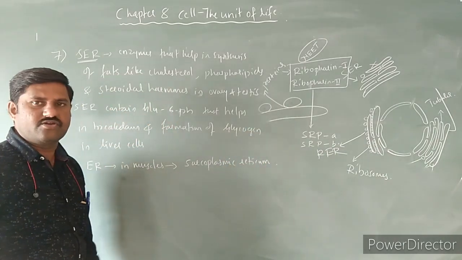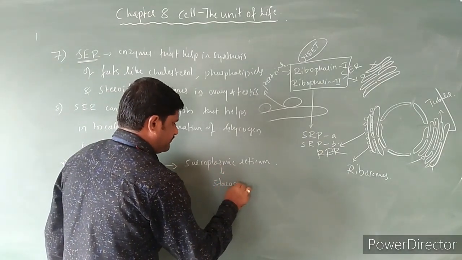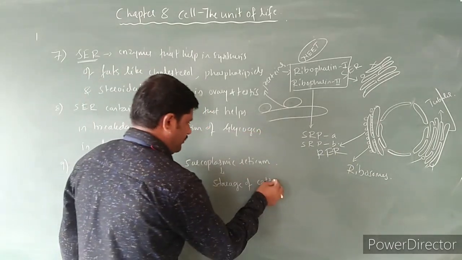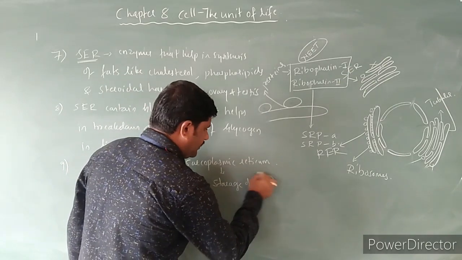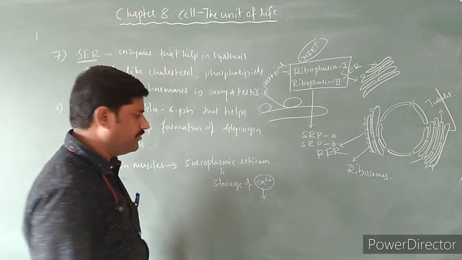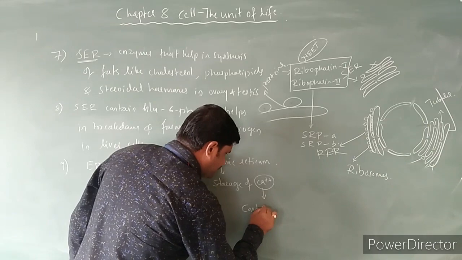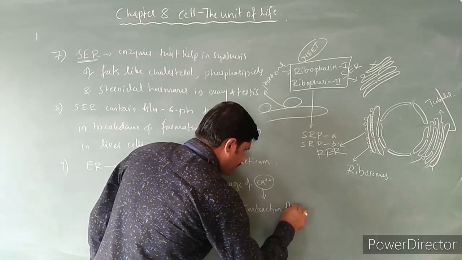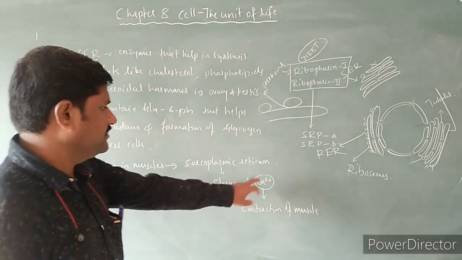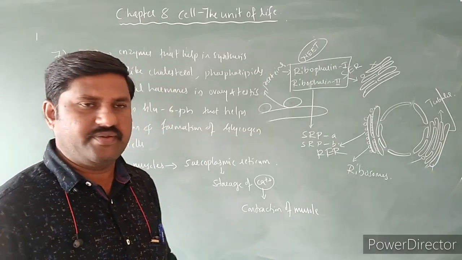This helps in storage of calcium ions. When calcium is released from the sarcoplasmic reticulum, that is when the contraction of muscles takes place. When calcium is released, contraction of muscles takes place over here.